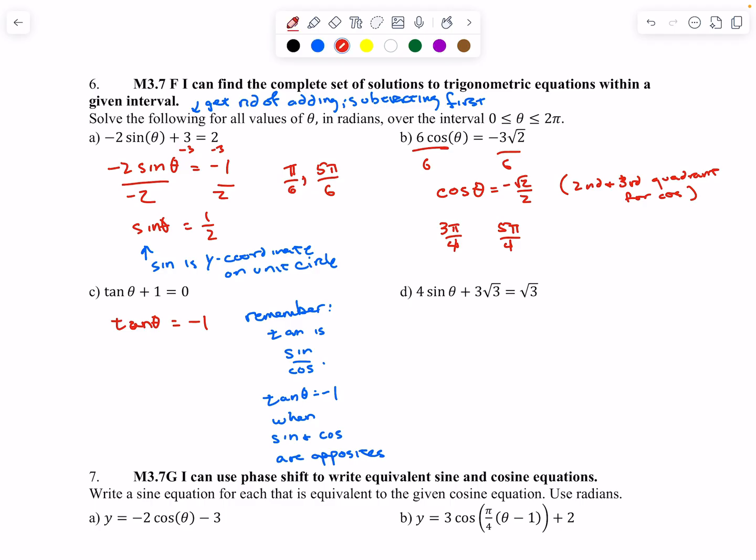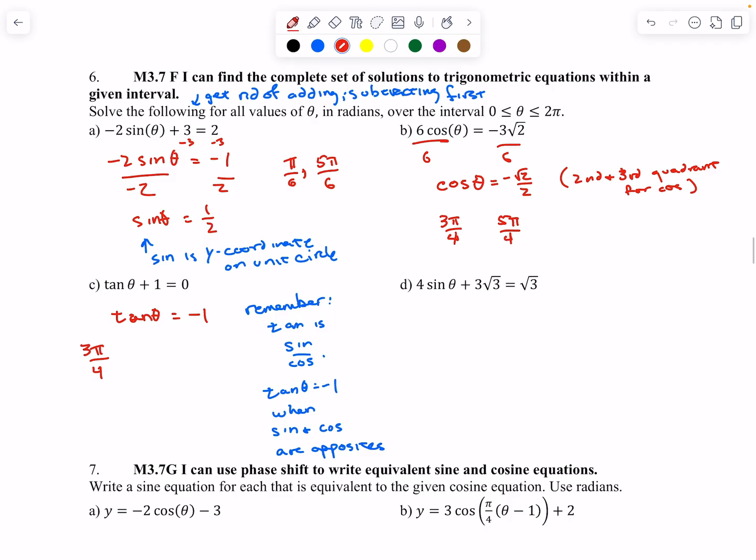We have 3 pi over 4 when sine is positive √2/2 and cosine is negative √2/2. And then 7 pi over 4 when the opposite thing happens.